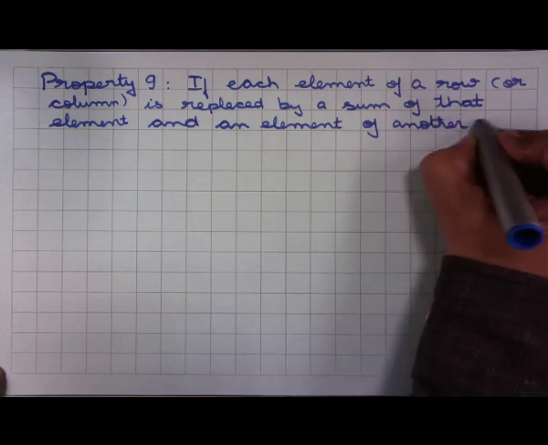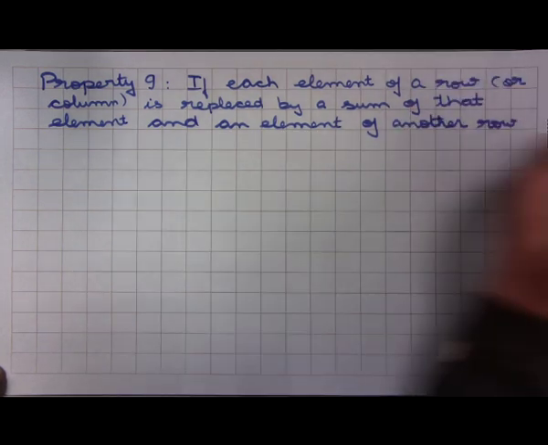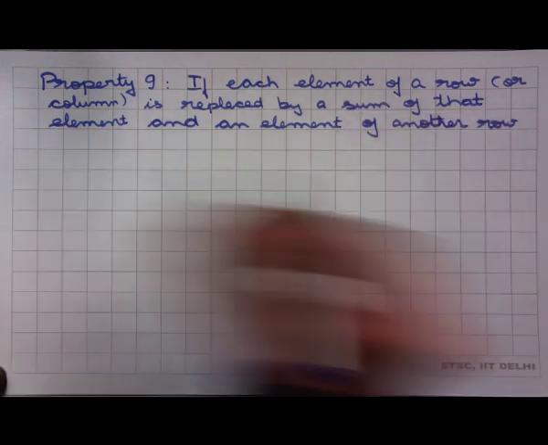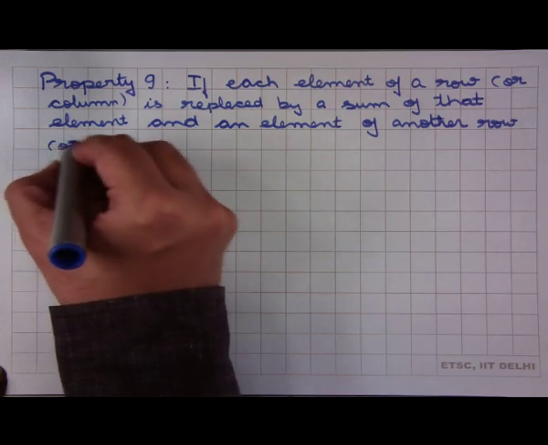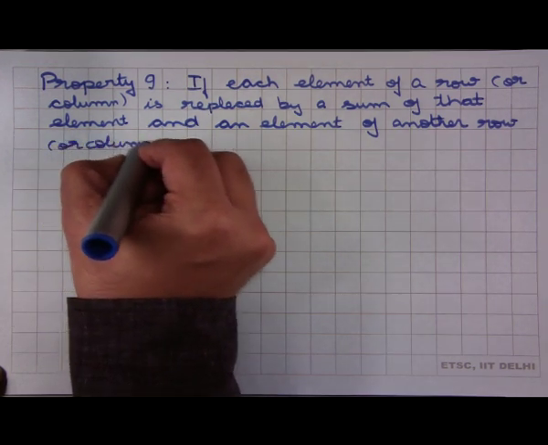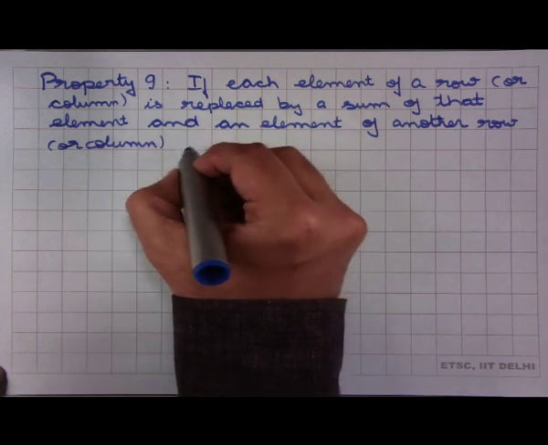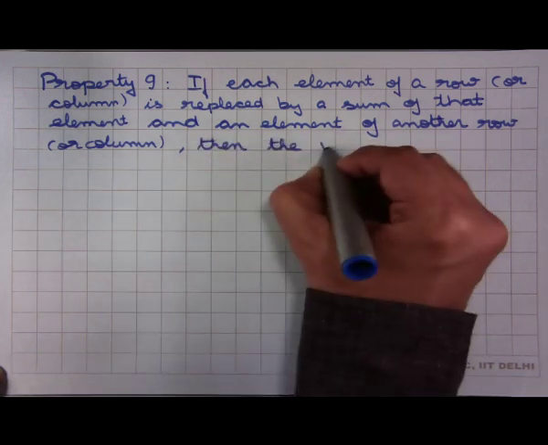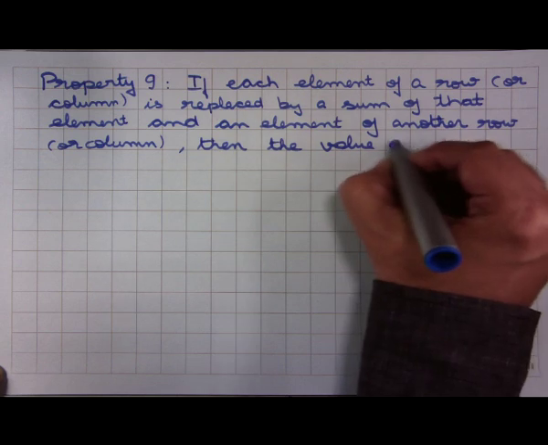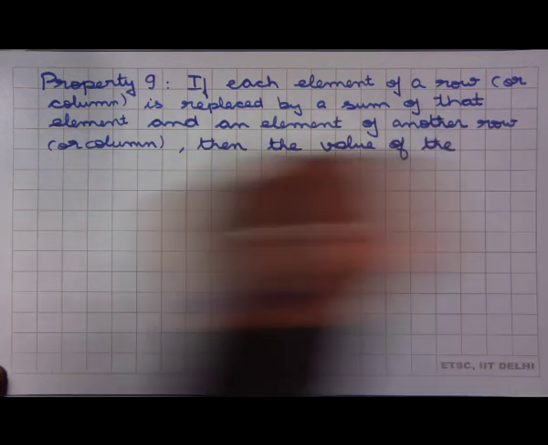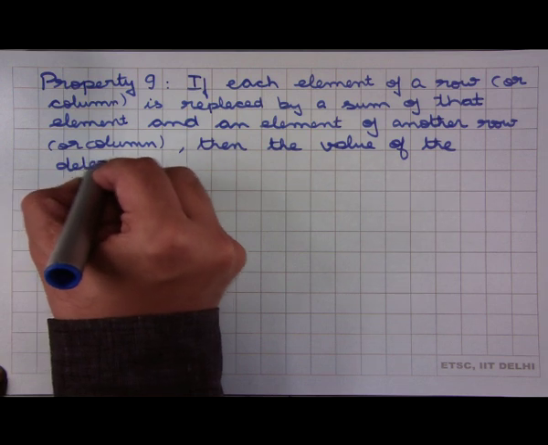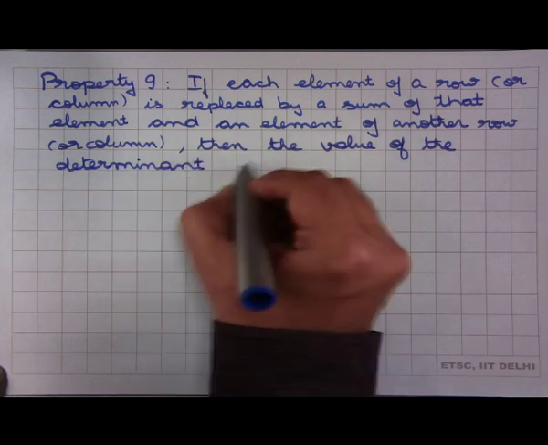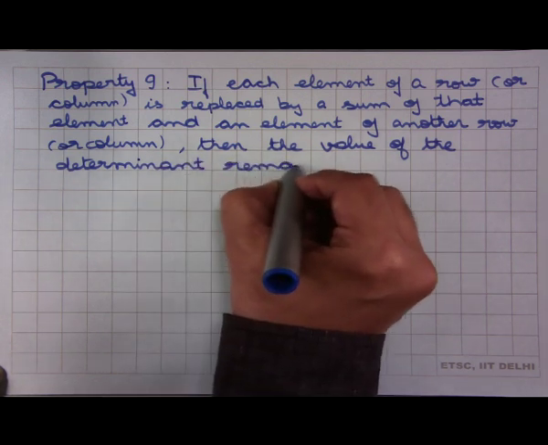So, the idea is that each entry will be replaced by a sum of that element and the element of the other row. So, the same other row is considered, or column. Then the value of the determinant remains the same.